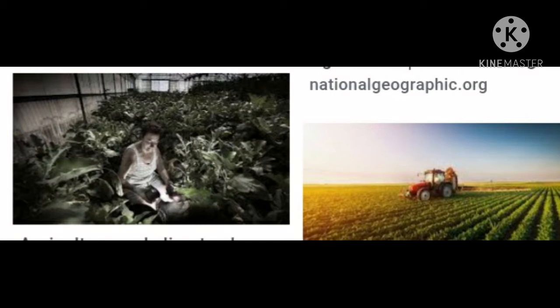Second, invention of cultivation. Gradually, man learned the art of cultivation and started getting greater production from the land. Through this, he could provide for the whole year's need for food grains. Stable life.